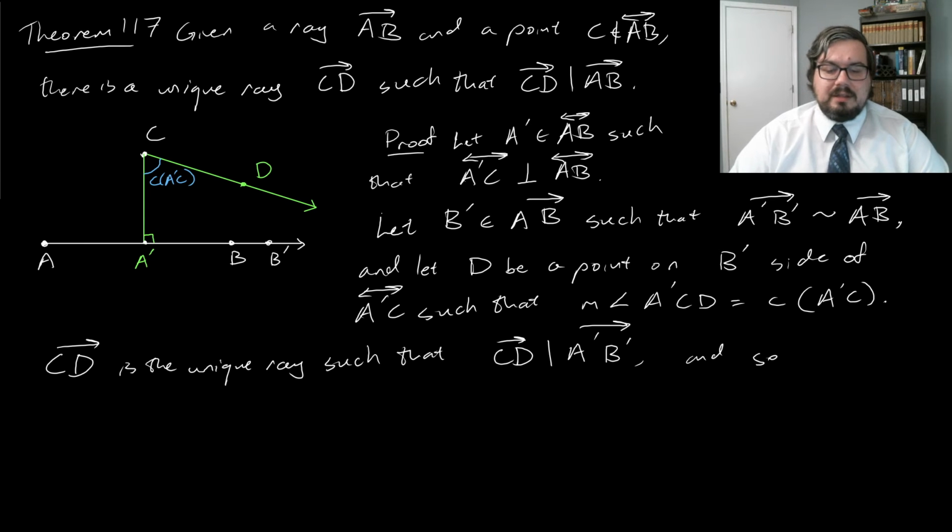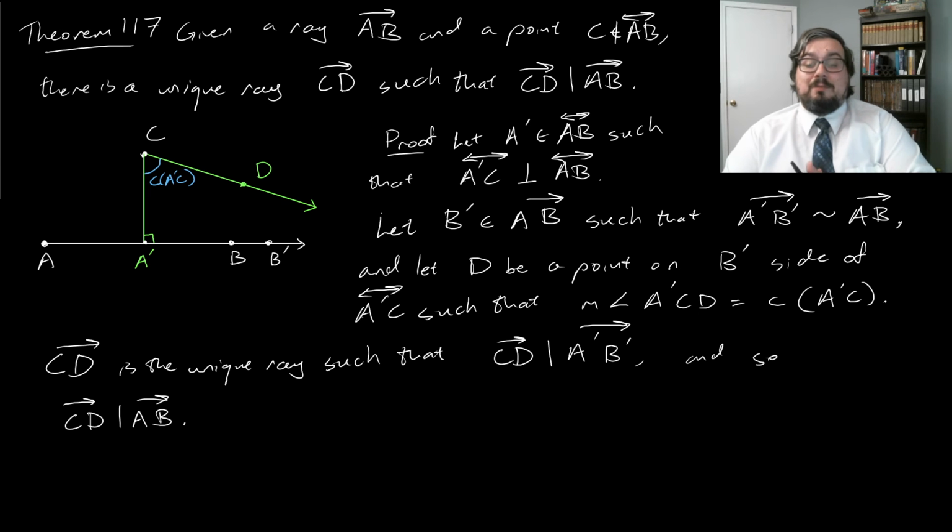And so the ray CD is critically parallel to the ray AB because the ray A prime B prime is equivalent to the ray AB. So we use the critical function here to construct the unique ray CD that does what we want.